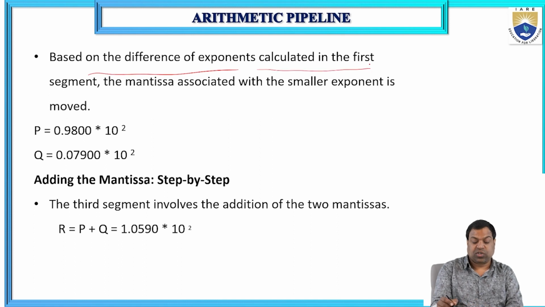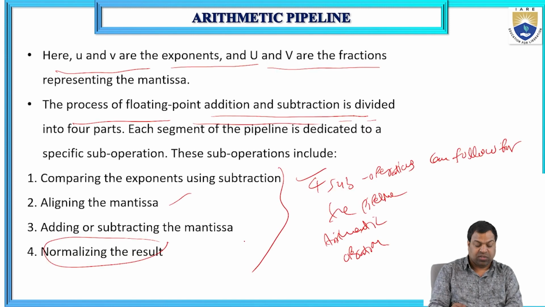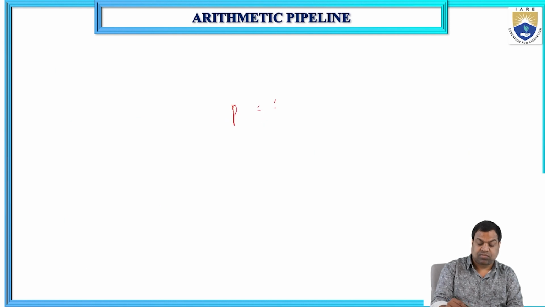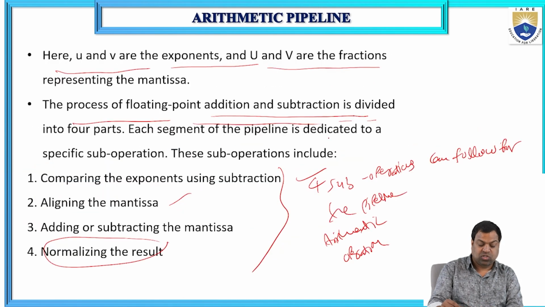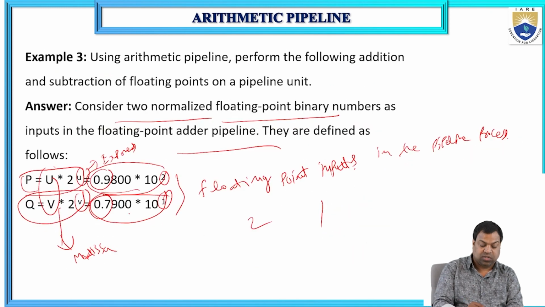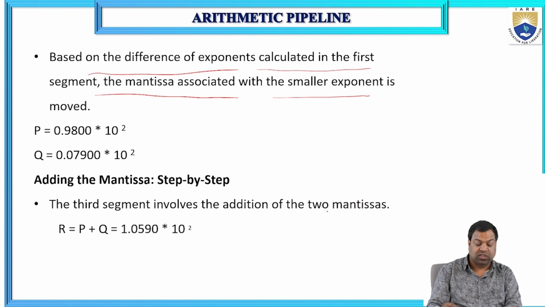Based on the difference of exponents calculated in the first segment, the mantissa associated with the smaller exponent is moved right. So p equal to 0.9800 into 10 square. Next q equal to 0.7900 into 10 power 1. So we have to first balance this one.